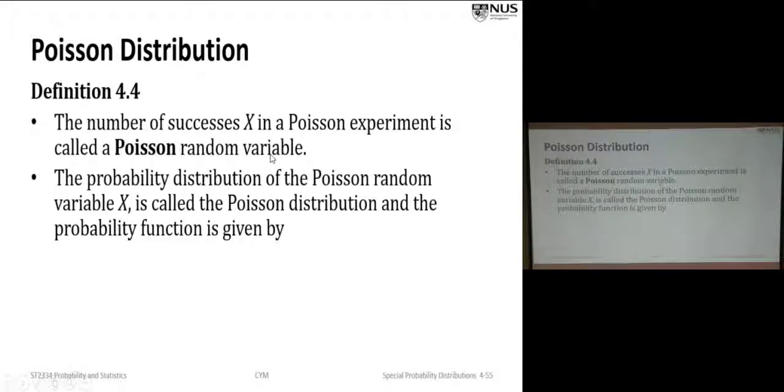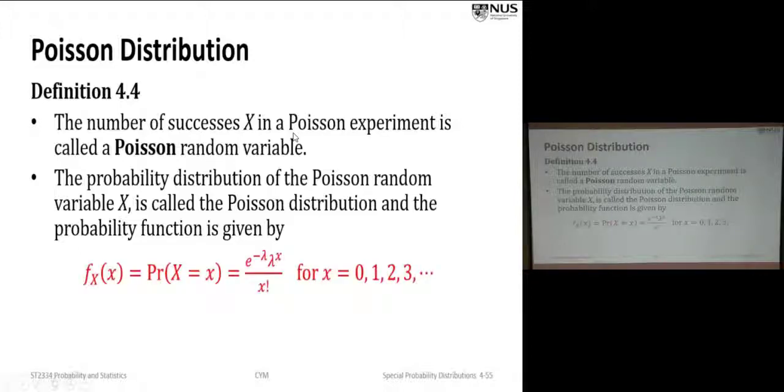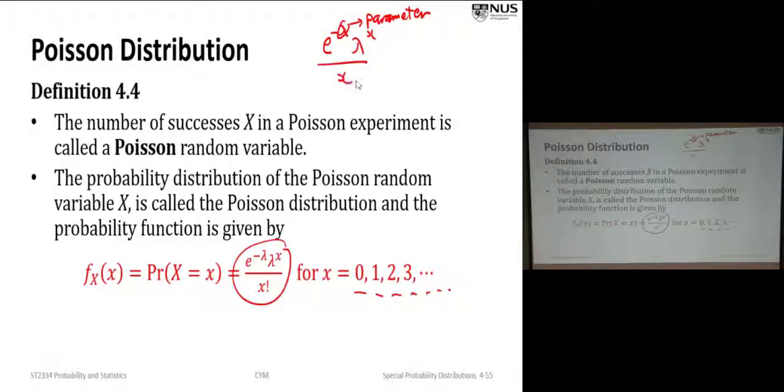A Poisson random variable is a random variable which has a PDF like this, for x equals 0, 1, 2, 3 up to infinity. The probability function is e to the power minus lambda, where lambda is the parameter, a constant that identifies the distribution, times lambda to the power x over x factorial.